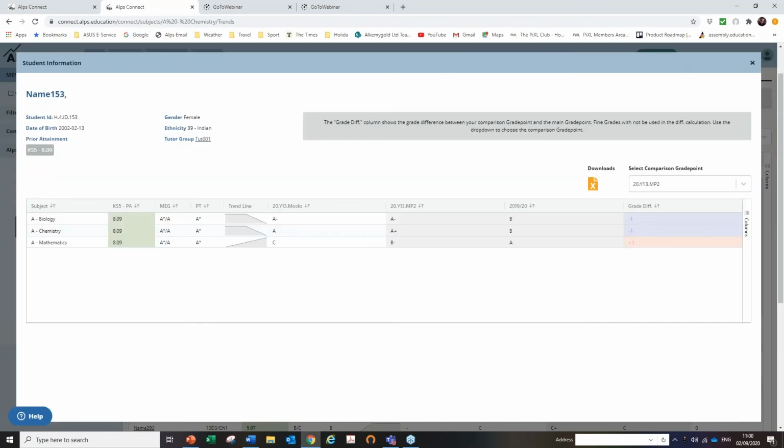So I'm picking this young person at random, and I can see their mock grades, their MP2 grades, their 2019-20 results, and I can see that maths in the end moved the young person up from a B- to an A based on centre assessed grades, whereas the other two subjects went in the other direction to very creditable ABB, but you know, it maybe could have been even higher.